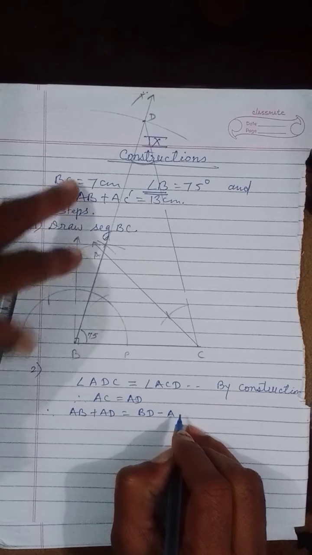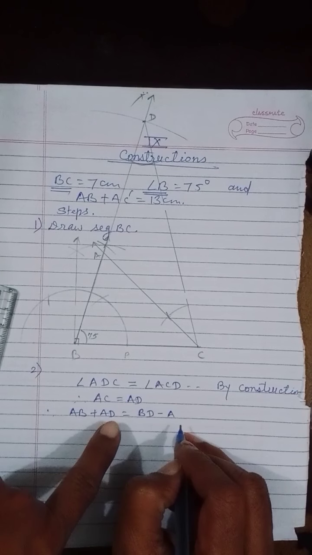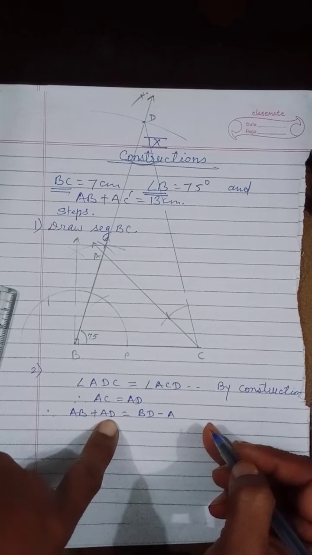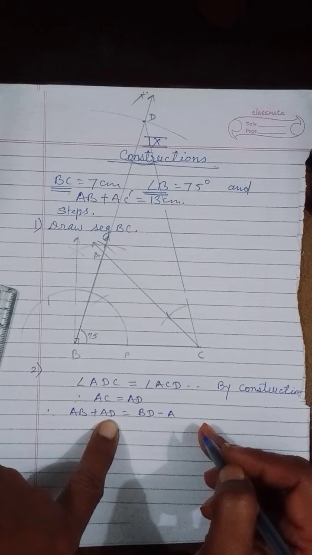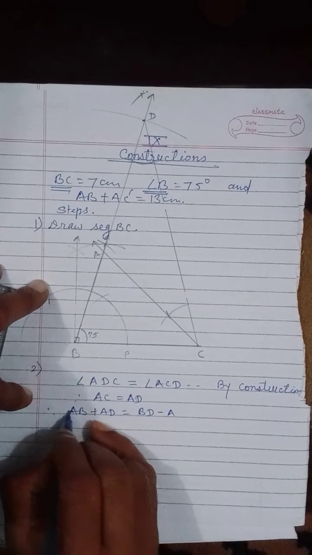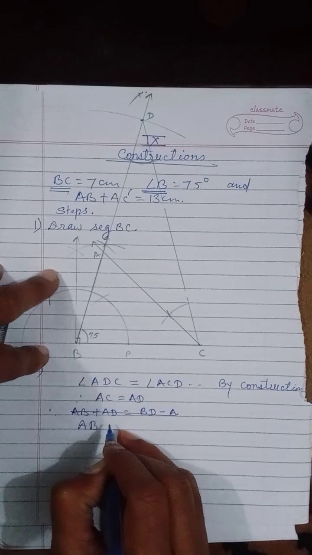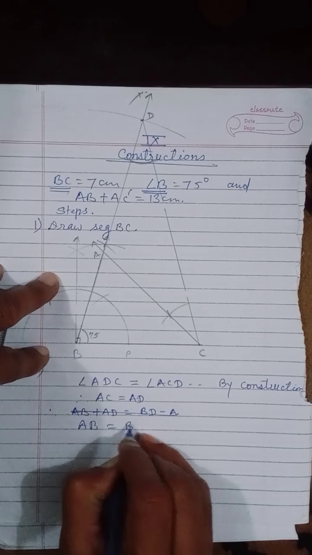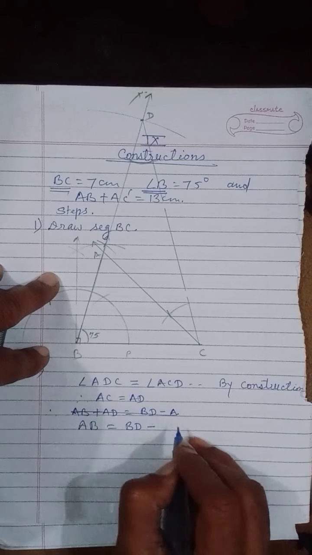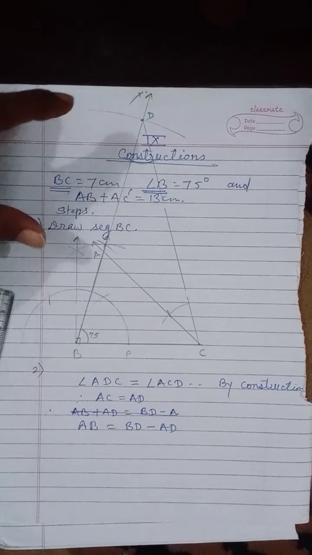AB plus AD is equal to BD, so AB is equal to BD minus AD.